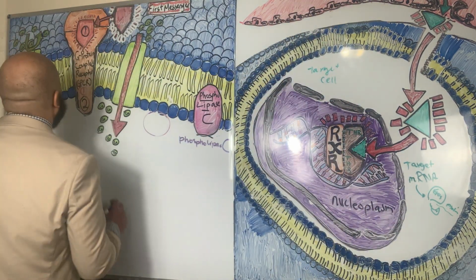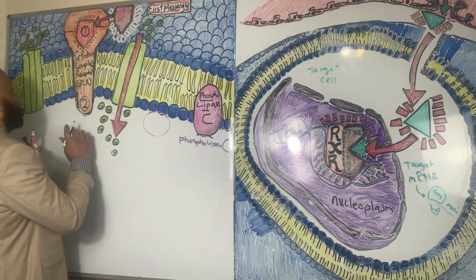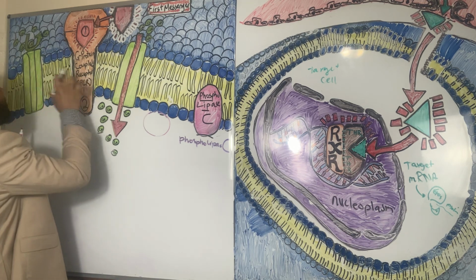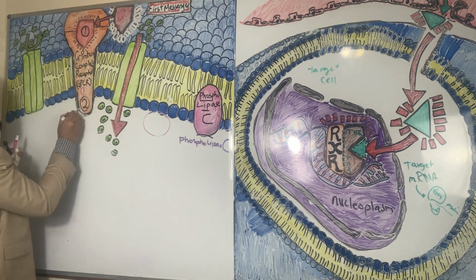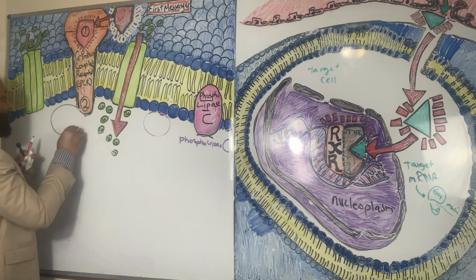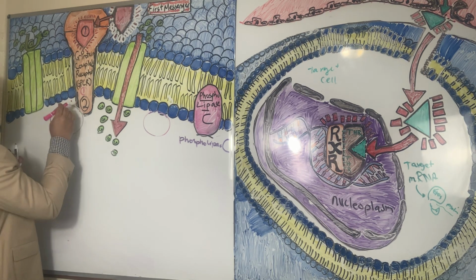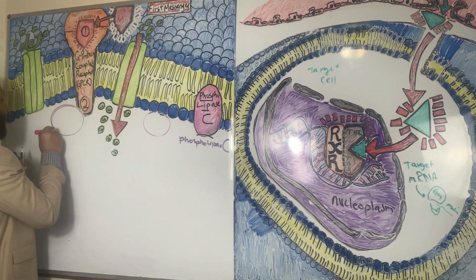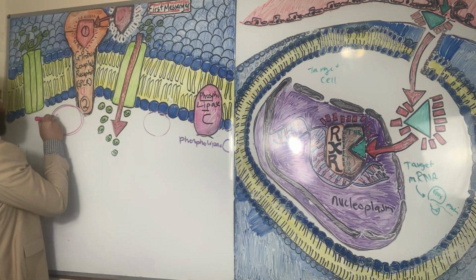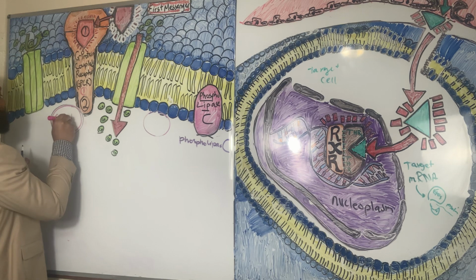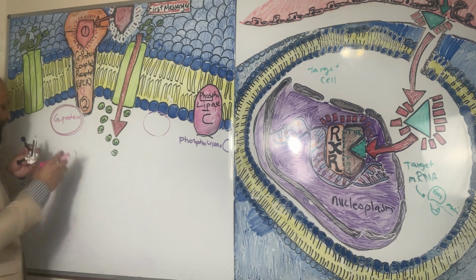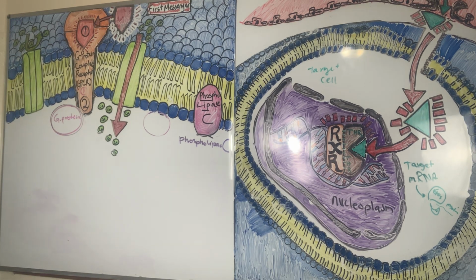So now let us begin with the G protein coupled receptor. They call it a G protein coupled receptor because it's a receptor that is coupled, that is attached, to a G protein. This G protein is further attached to multiple other regulatory subunits.